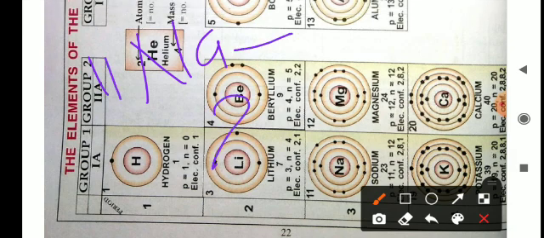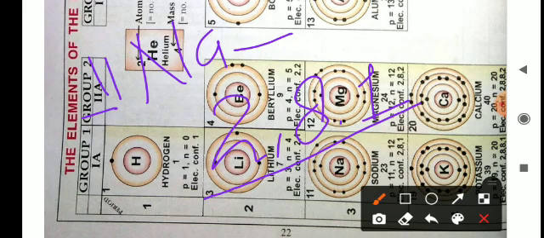The first shell is 2, the second is 8. After that 8 would come, but we have only one electron left, so we write only 1. So the electronic configuration of sodium will be 2, 8, 1. In this way you can write the electronic configuration of any element.